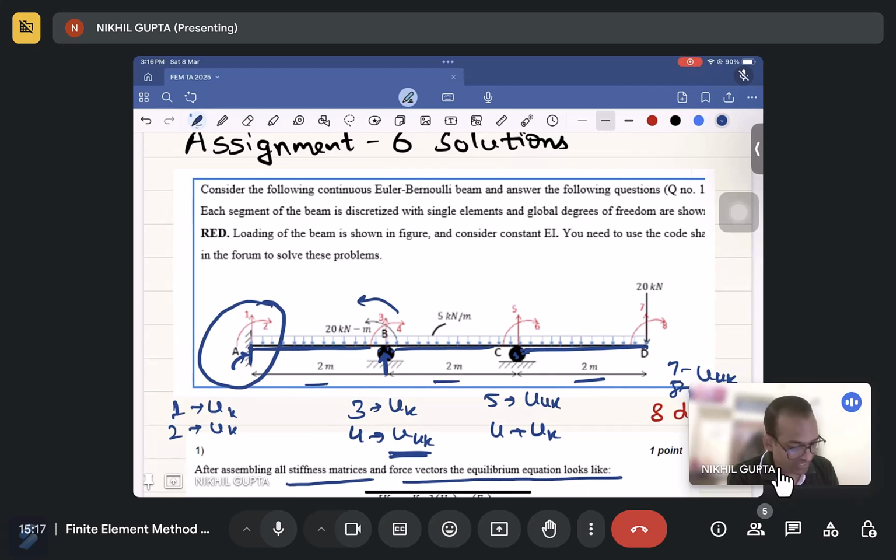At node number 2 we can see there is no shear force, but there is a minus 20 kilonewton per meter moment. In node 3 there is no external force, and in node number 4 we see an external load of 20 kilonewton.